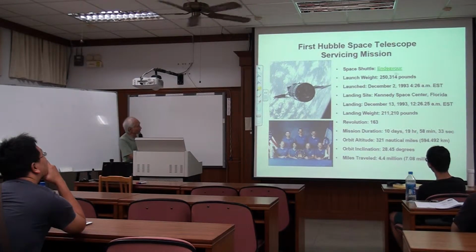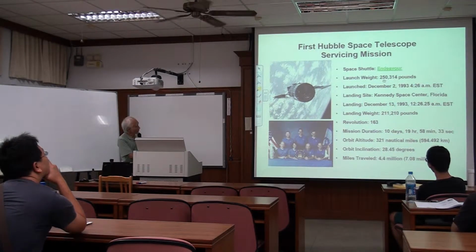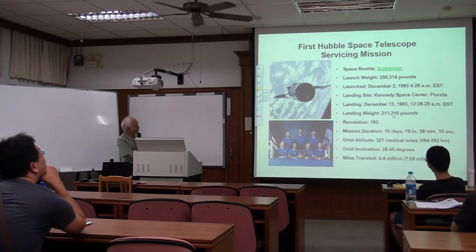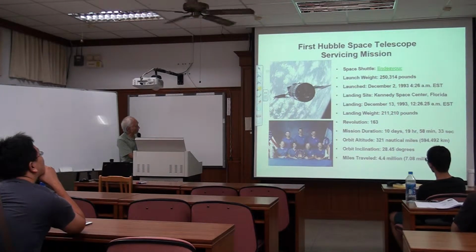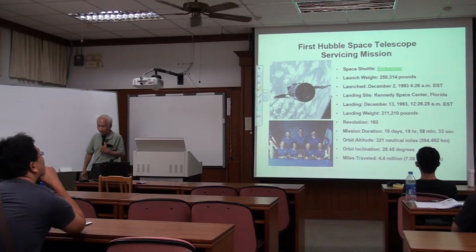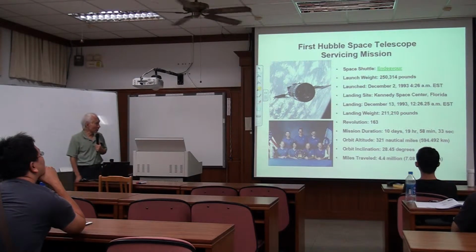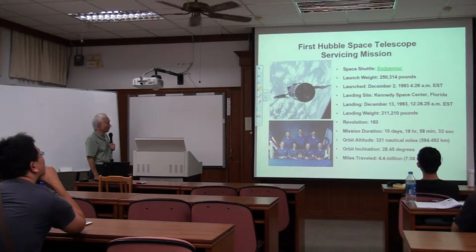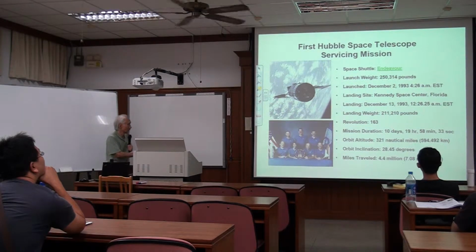You can subtract this: 250,314 minus 211,210. That's about the weight of Hubble plus the gas of the shuttle. Okay, so you can see that that's very heavy.